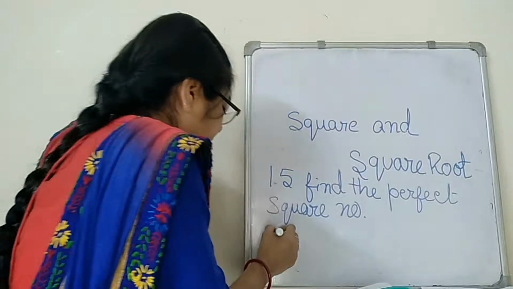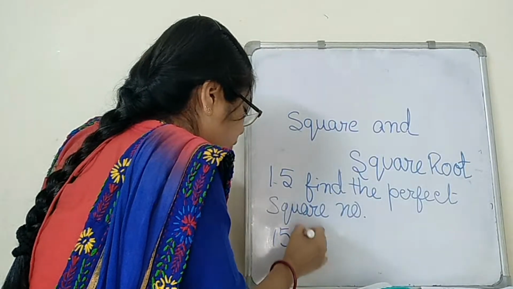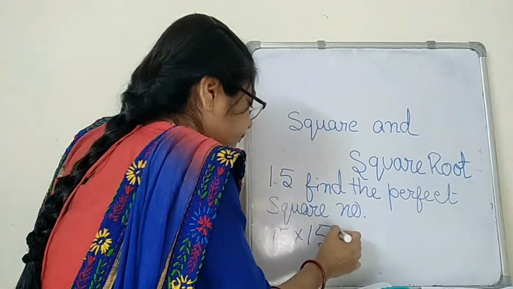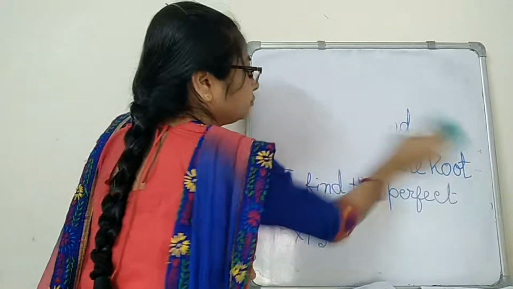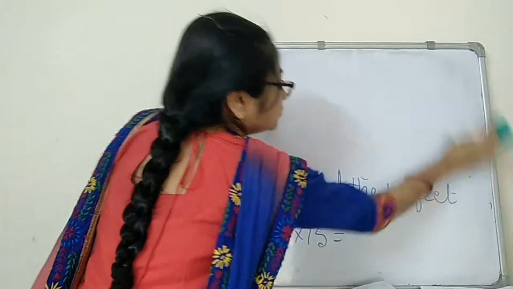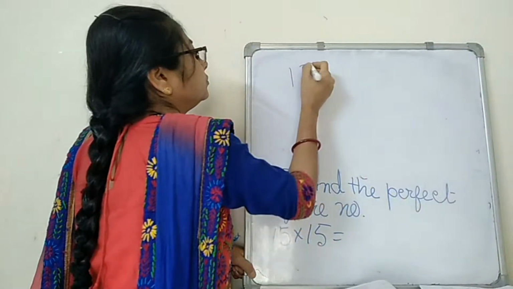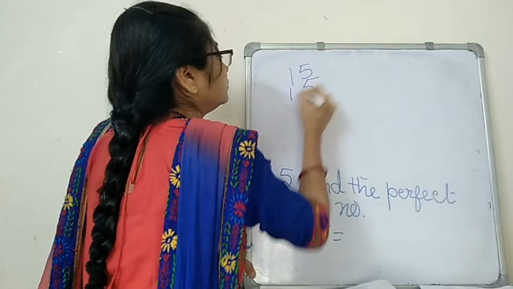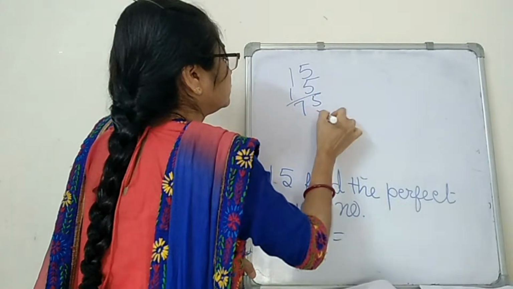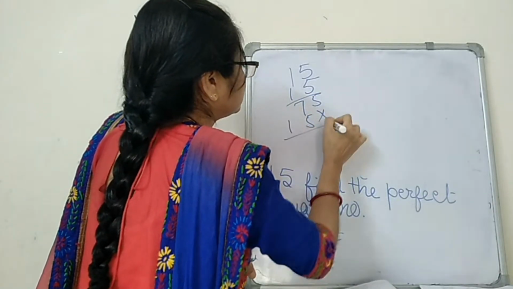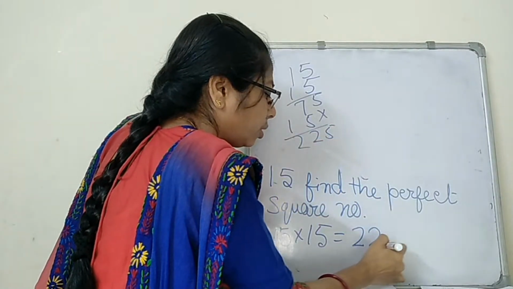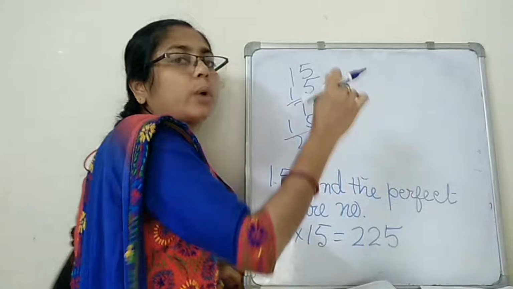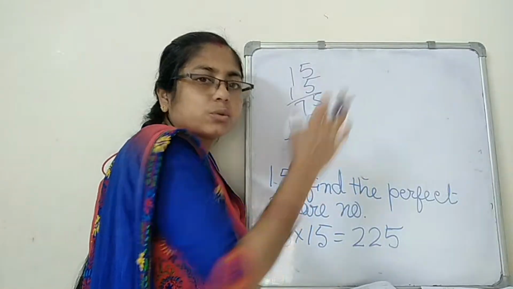Now, find it. 15 into 15. So, I can tell 225 is a perfect square number.